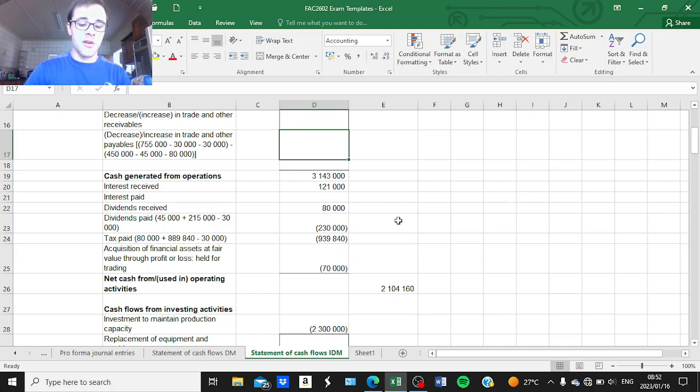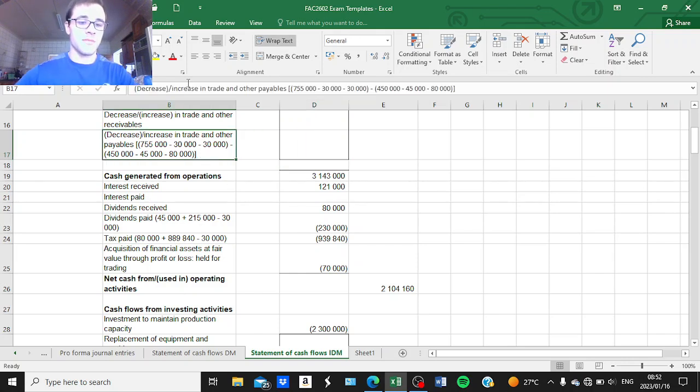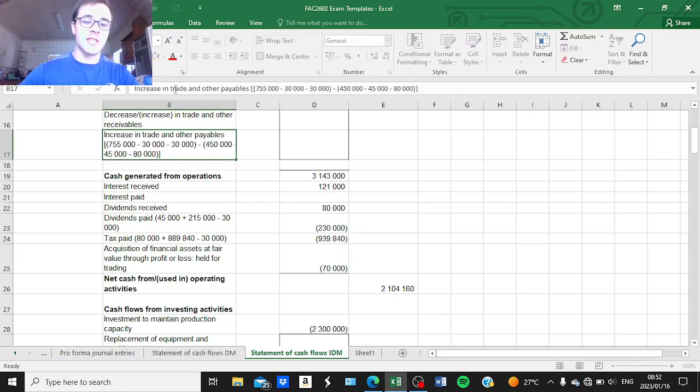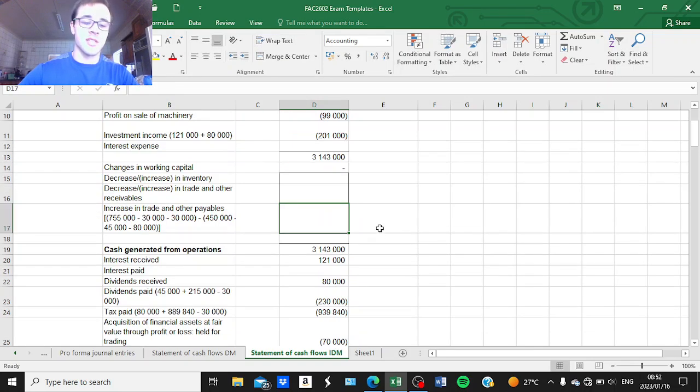Now, if you do this calculation, you will see that there was an increase in trade and other payables that amounts to 370,000. And because this represents an increase, this will be shown as an inflow in this section right here, 370,000.